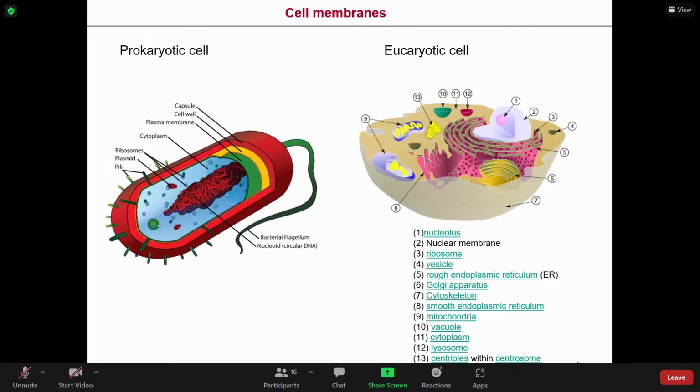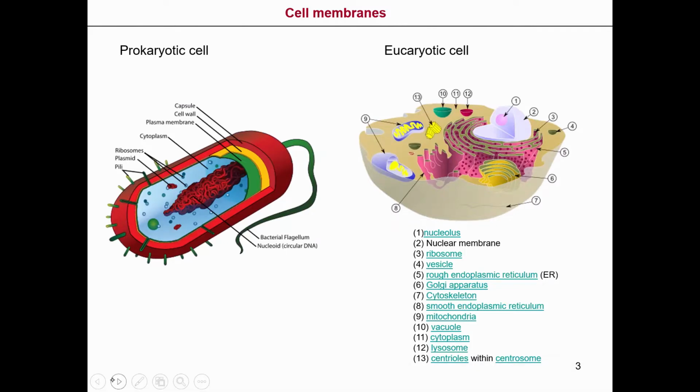Okay, so you have here two cells, the prokaryotic cell and the eukaryotic cell. You don't have only the plasma membrane.